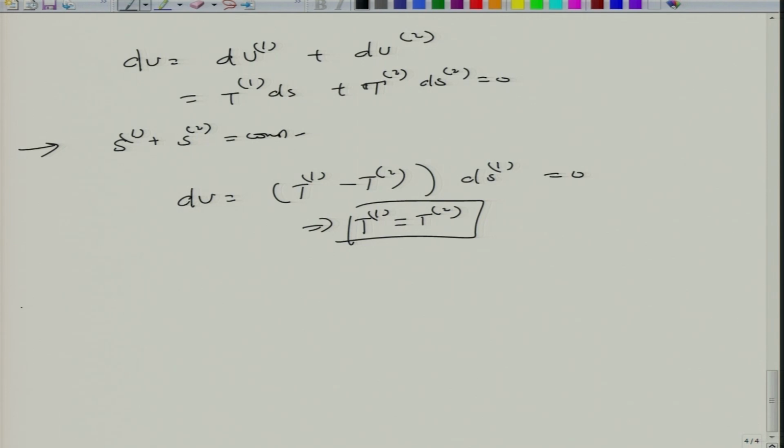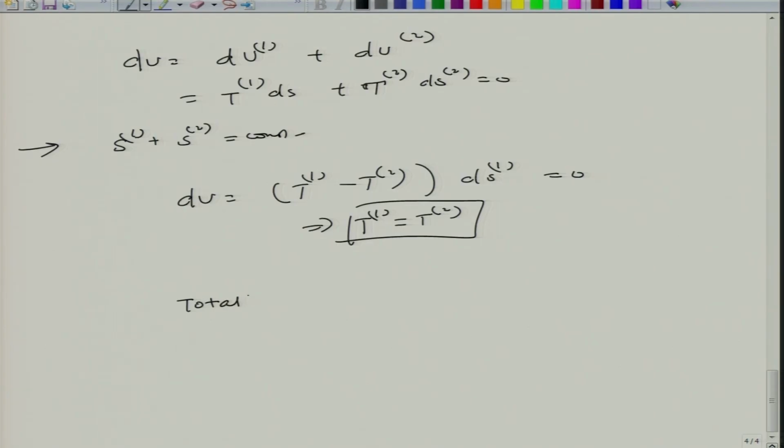As of now the natural variables are S, V, N for the internal energy, but since we have now developed thermodynamic functions for different conditions of the natural variables, for the case of T, V, N it is the Helmholtz free energy, and for the case of T, P, N it is the Gibbs free energy. So, considering those changes in the natural variables, or considering different constraints, what would be the conditions on the thermodynamic functions if there is a change in the equilibrium state?